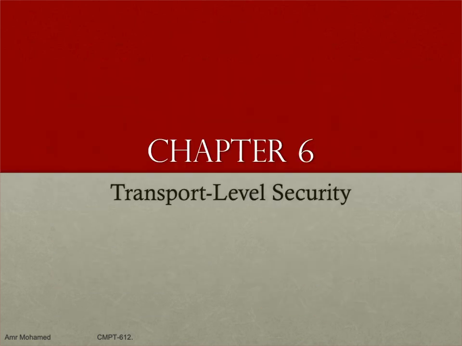Okay. So chapter 6 logically goes up to the transport layer. The transport layer provides what kind of service? It provides the communication between two application endpoints, not routers, not hosts, application endpoints.